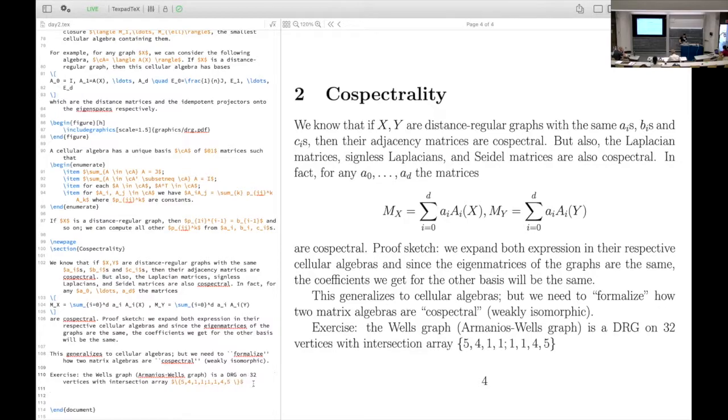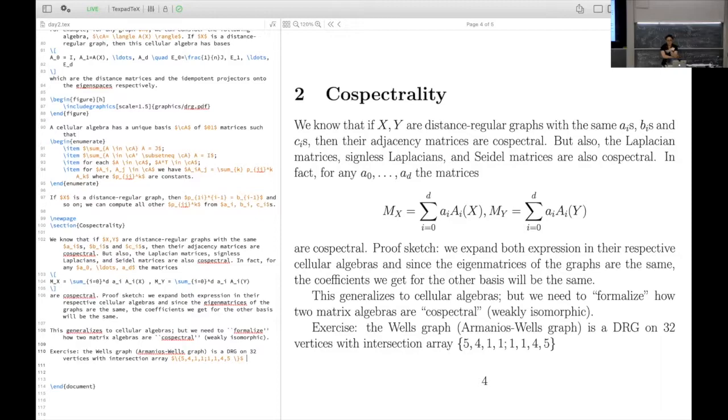It is a transitive graph, a very nice graph. So this is b0, b1, b2, b3, c1, c2, c3, c4. You can compute the AIs from the BIs and the CIs, so we don't usually write those.